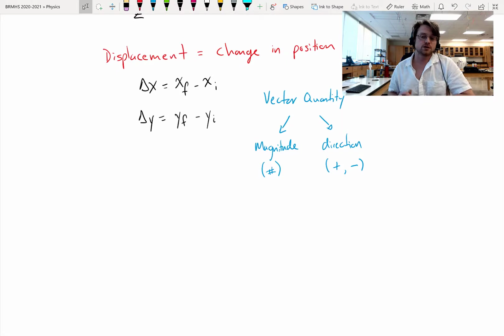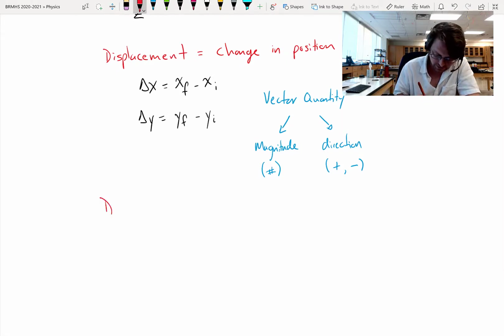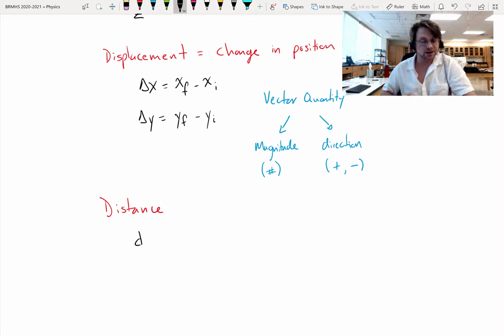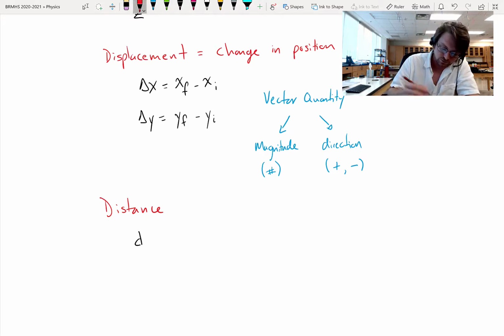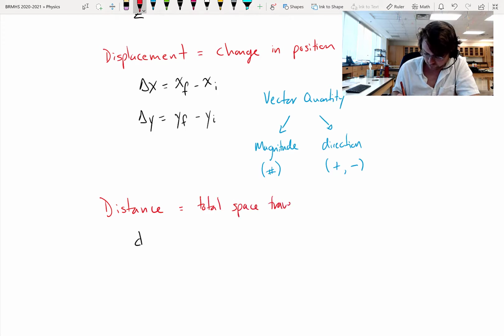After displacement, we talk about the next quantity, which is distance. The symbol we'll be using for distance is just a lowercase d, and we're not going to use it much at all, because usually we'll be dealing with displacement. A way we could define distance is total space traversed. Think what your odometer reads in the car.